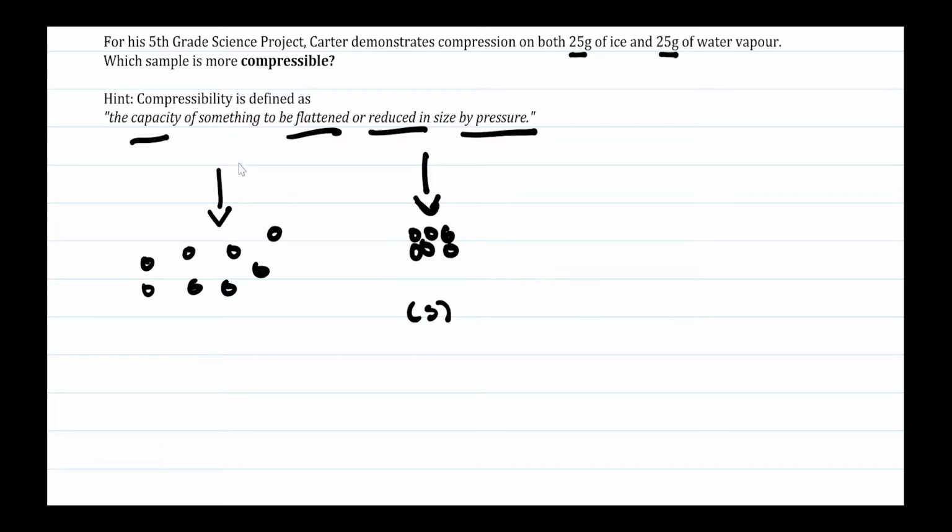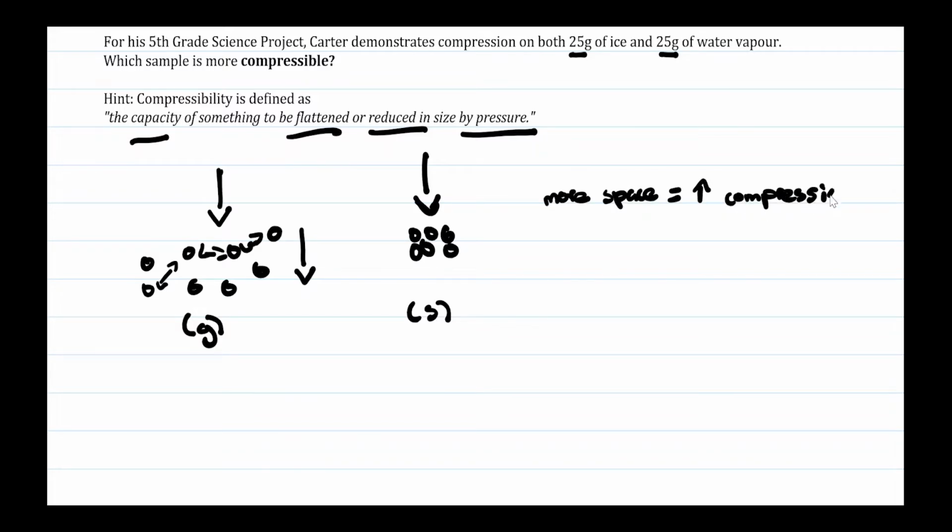But if it's a bit more dispersed, as is the case in gases, there's a lot of empty space between these molecules. And what the pressure can do is that it can use that empty space and exert pressure on it, hence compressing the substance, right? So more space between particles equals higher compression.